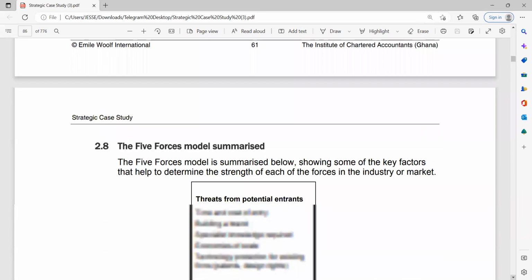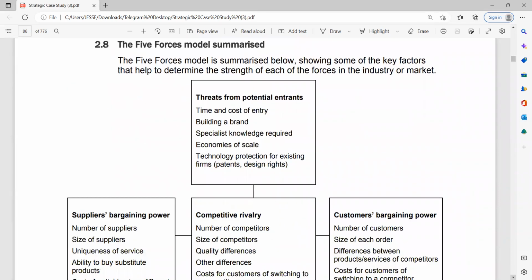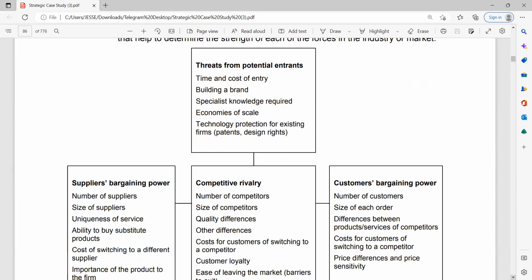Very, very important. So let's look at the 5 forces model and let's see how it's all been summarized. Very, very important. Now you have threat from potential entrants, and here you see time and cost of entry: how long it takes to enter the market and the cost at which you enter.